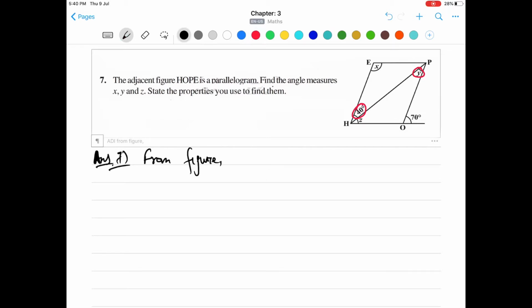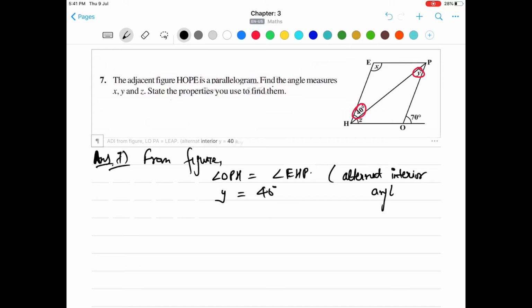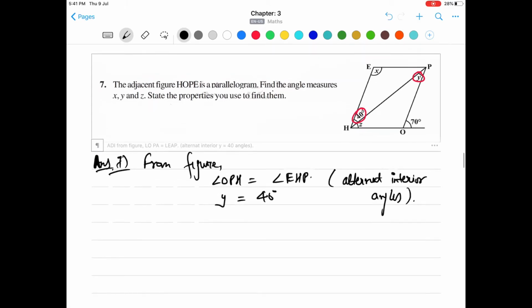So the value of angle y, we'll write the first name of the angles, angle OPH will be equal to angle EHP. OPH is angle y and EHP is 40 degree. Why they are equal? Because they are alternate interior angles. So we got the value of angle y.